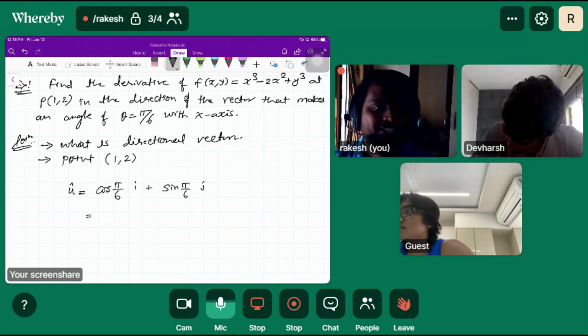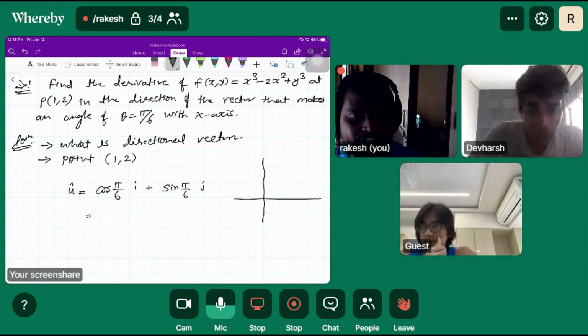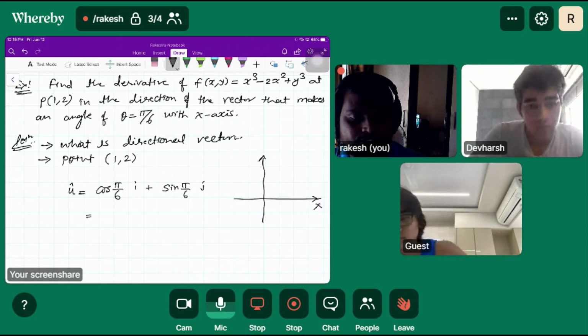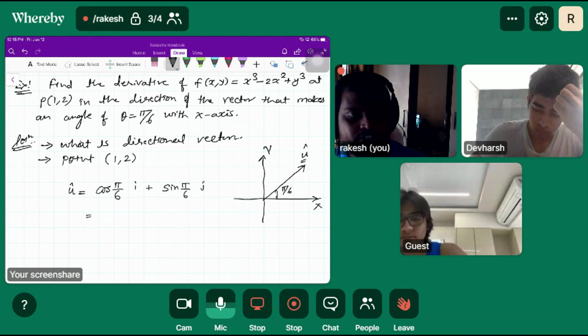See, the direction is in the XY plane, right? In the XY plane, the vector is making pi by 6 angle with the X direction. So how do I find this vector? This is basically polar coordinates.